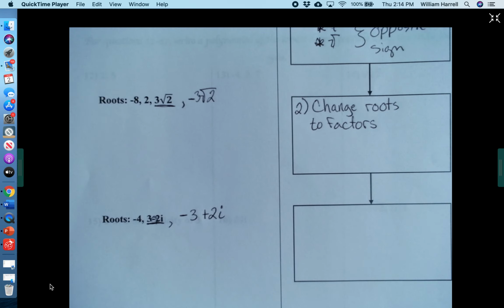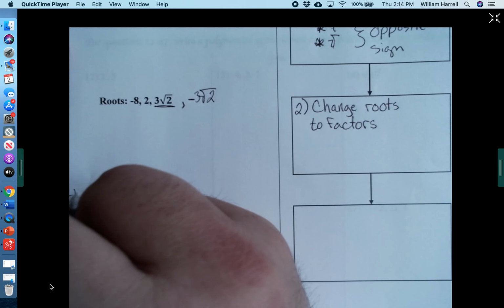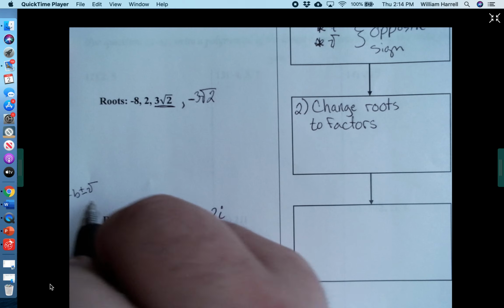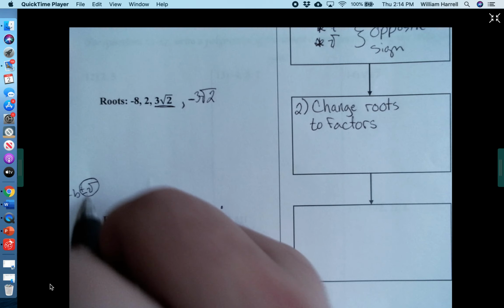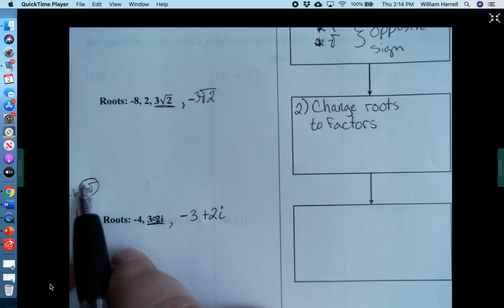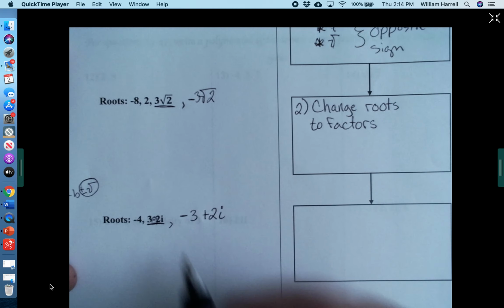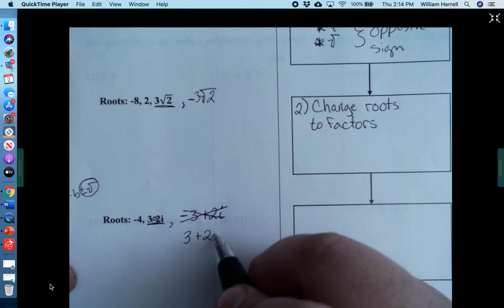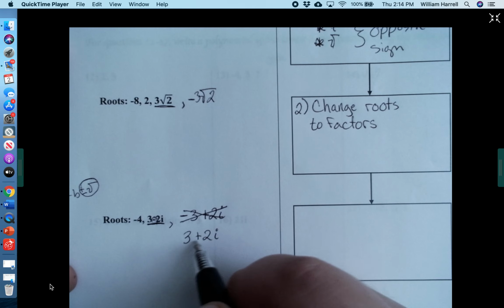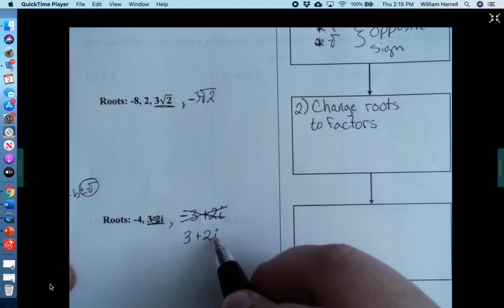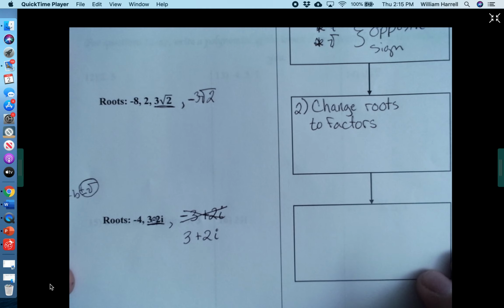The reason for this goes back to the quadratic formula, the negative b plus or minus square root. Remember, our i comes from when our square root is negative, so this is where the plus minus is. So this is no good, but this is very good. Again, you only want to change the sign that's in front of the number attached to the i, or just the sign in front of the i by itself.